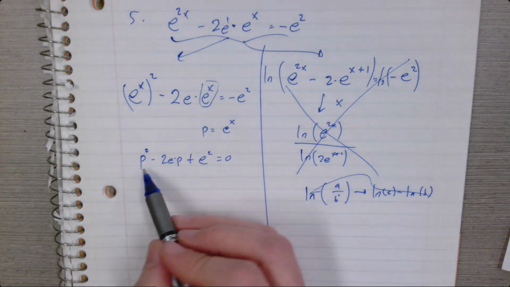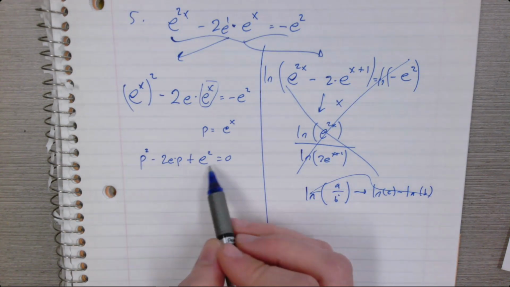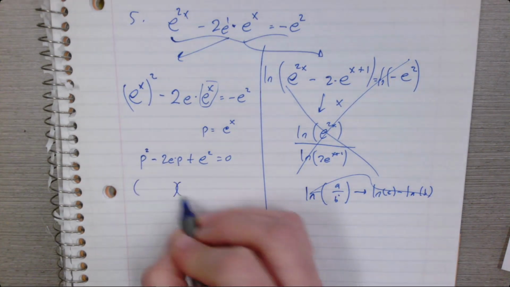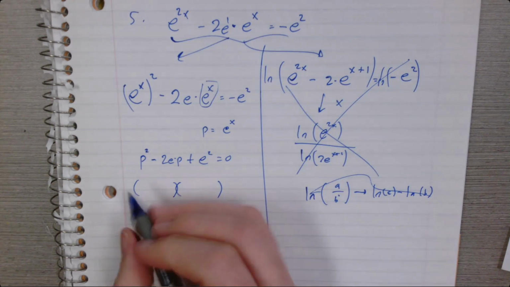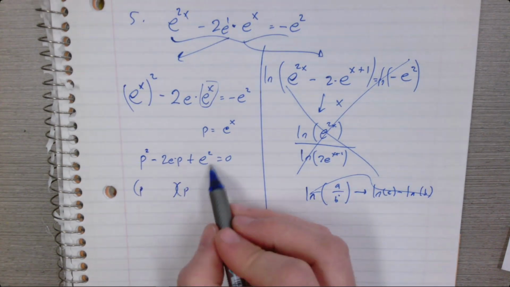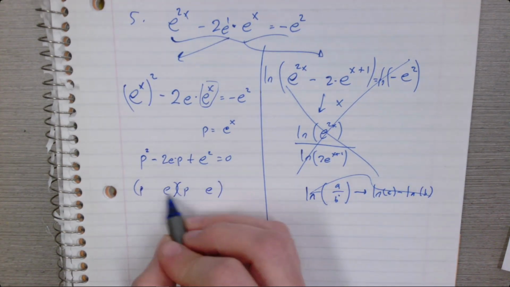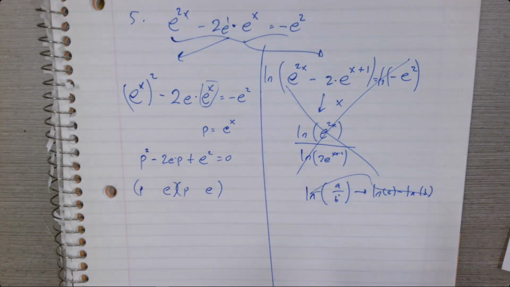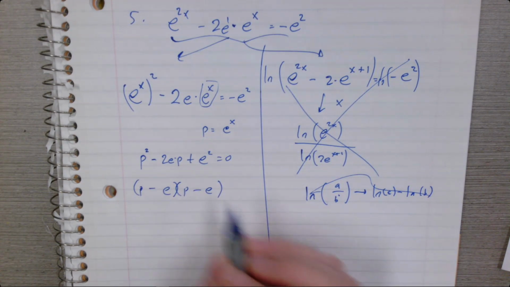It's something squared minus something plus something. So let's try and factor it, or you can complete the square if you want. So this is e squared, so it makes the most sense that I should have e on the outside here, because then e times e gives me e squared. Is this going to work?